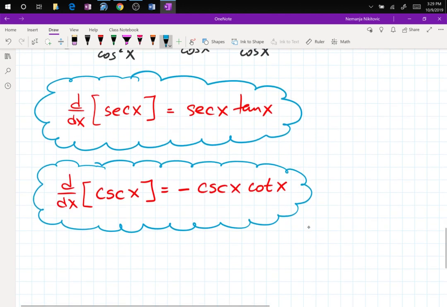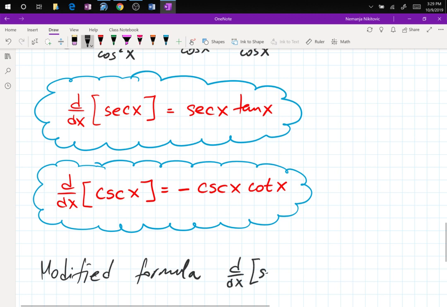Now, the modified formula will still go the same way. The derivative of secant ax is going to be a secant ax tangent ax.